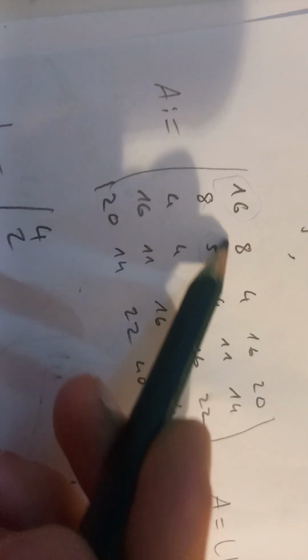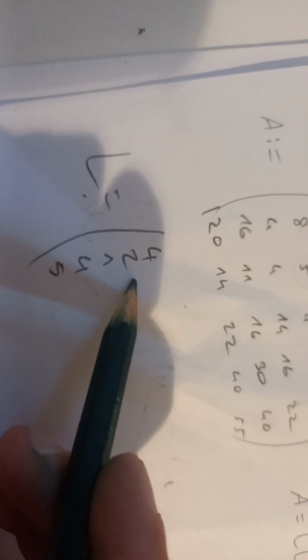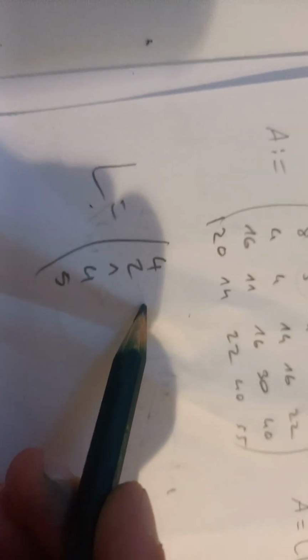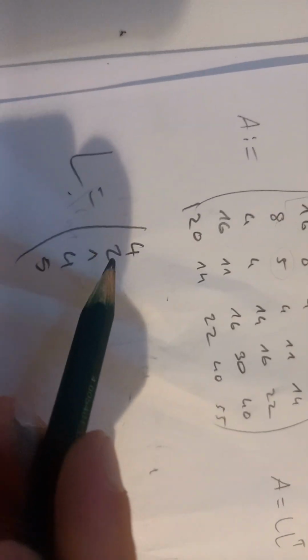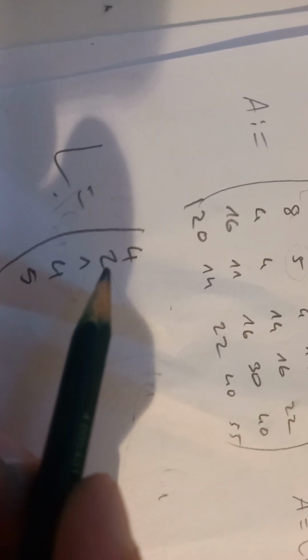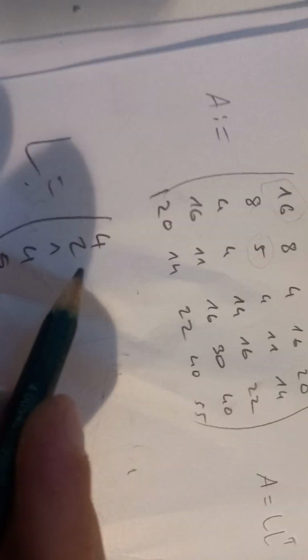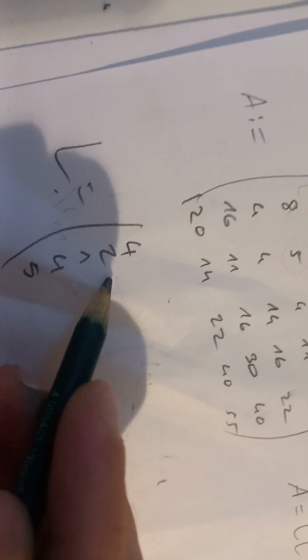So we can just look at this matrix here, 5, and we are going to subtract 2 squared, so this row squared, everything we have written in this row right here. So 5 minus 2 squared is 1, and the square root of that is 1, because 5 minus 4 is 1.